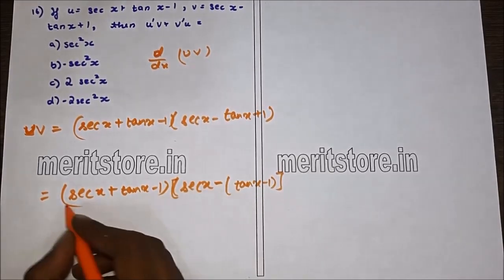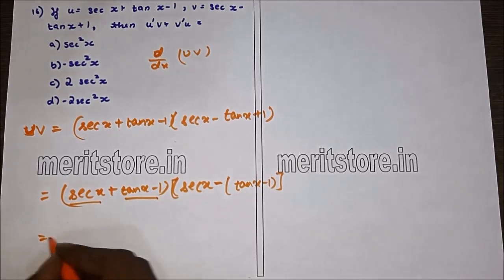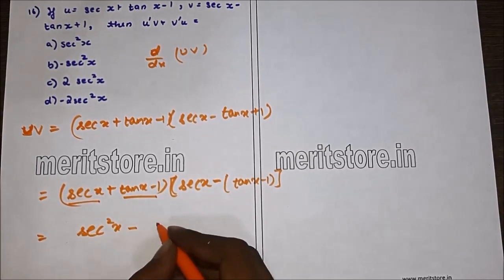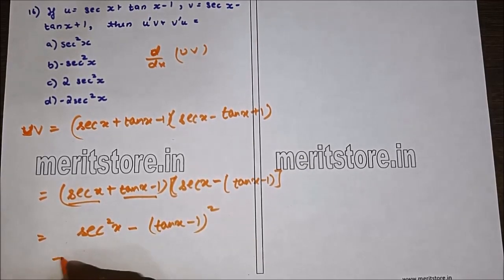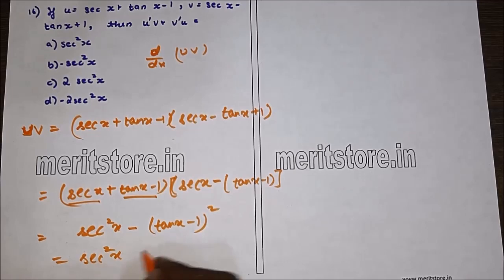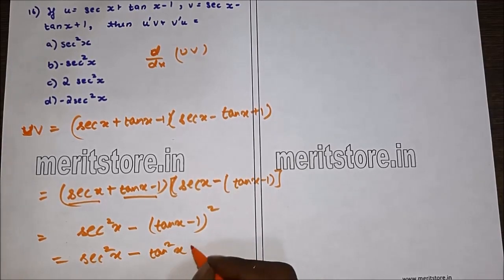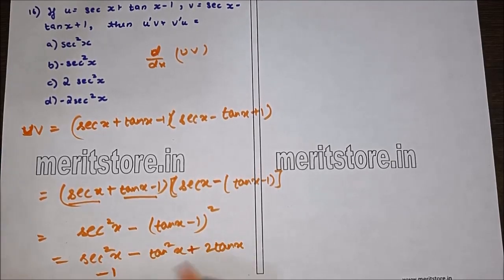So now this is in the form of a plus b into a minus b, where a is sec x and b is tan x minus 1. So this is a square minus b square, which is sec square x minus (tan x minus 1) the whole square. So that is sec square x minus (tan square x minus 2 tan x plus 1), taking minus inside the bracket.